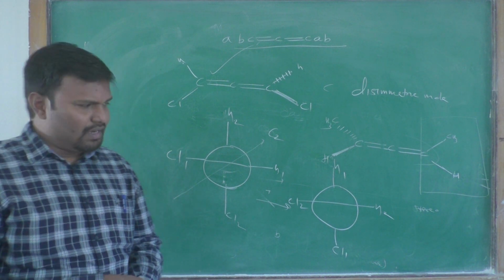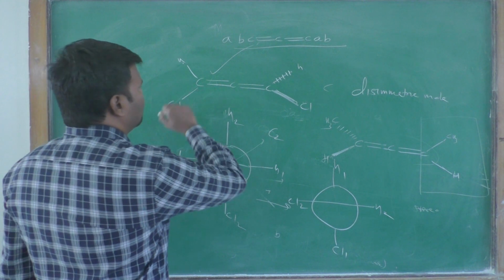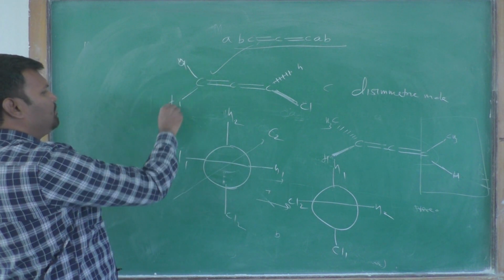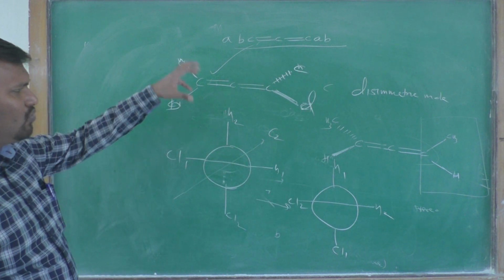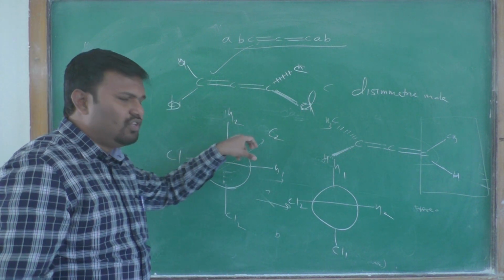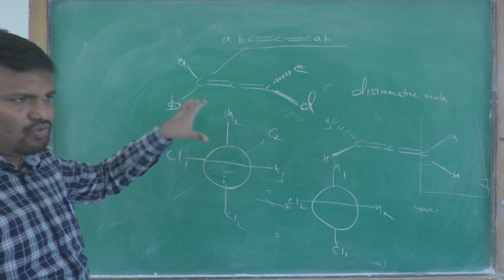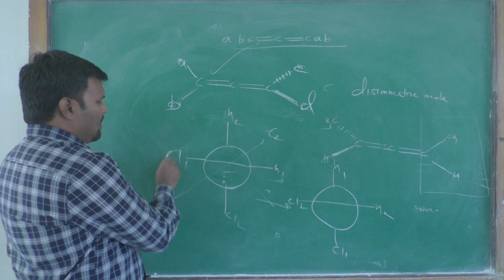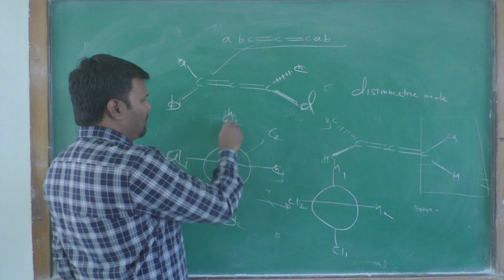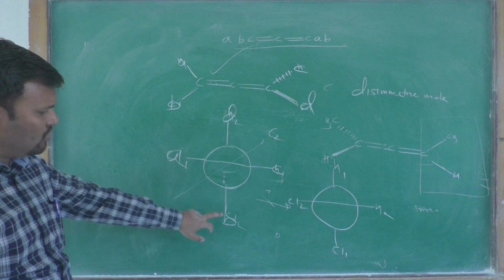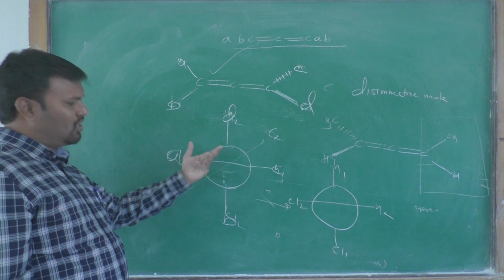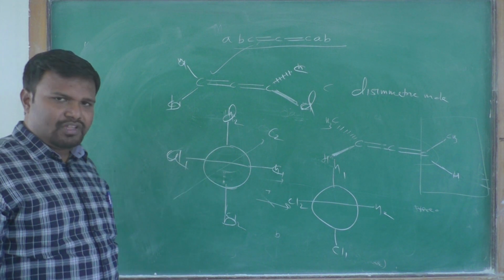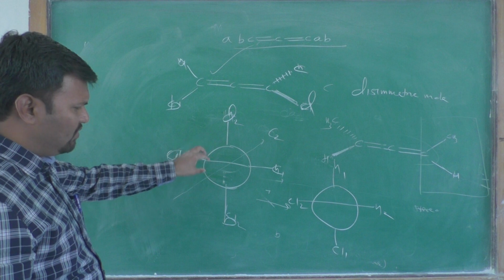Some compounds show the C2 axis of symmetry. But if all the groups in the allene, A, B, C, D, are different, or any three groups are different, then this molecule does not show the C2 axis of symmetry. If after rotation A takes the B position and B takes the A position, then there is no C2 axis present.